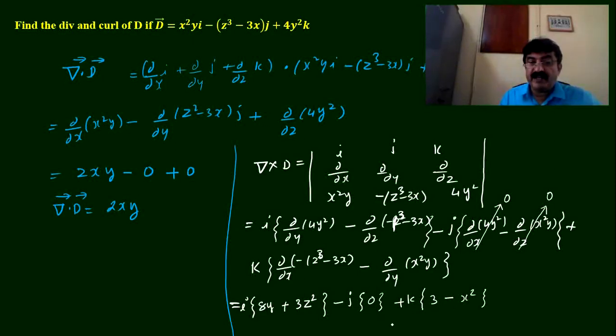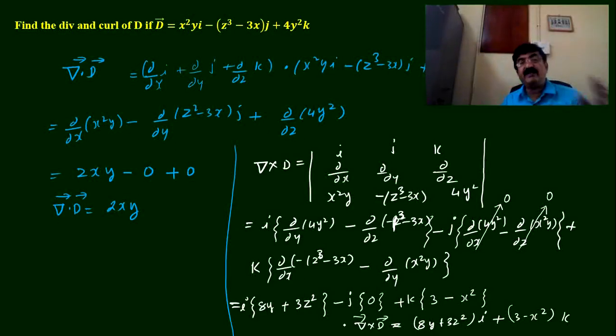So finally, I think you can stop here, or you can write it as (8y plus 3z²) i plus (3 minus x²) k. This is the curl of the given vector. So like this we can find divergence, curl, gradient of different functions. Most of the numericals will be on divergence, gradient and curl only.